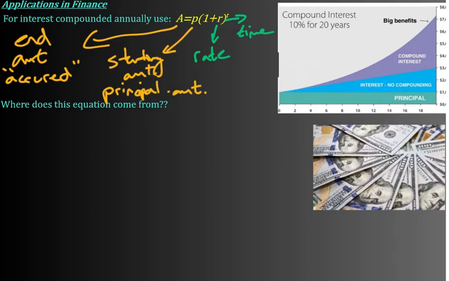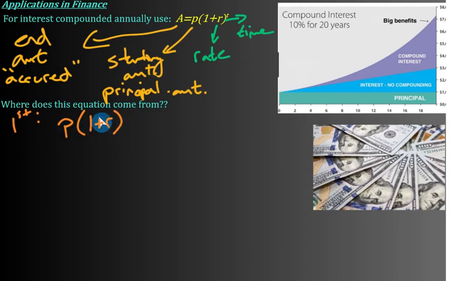I want to start off and show you where this equation comes from. The way you want to think about it is in terms of years. In the first year, you have the principal, and then you apply 1 plus r, because you want to multiply it by, the rate is going to be a decimal, like 0.001, quite a small number in reality.